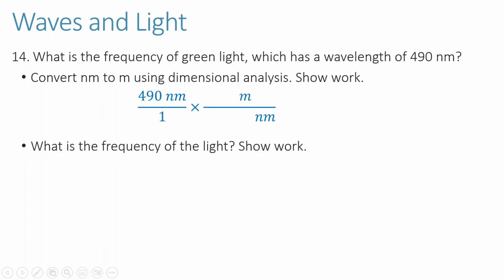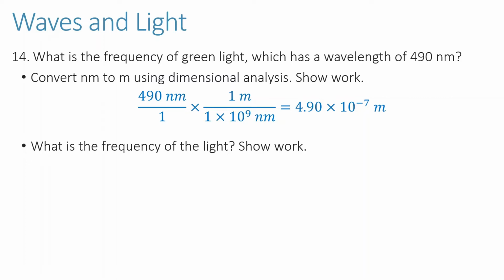This is one of the benefits of the metric system. So nano means 10 to the 9 smaller, so 10 to the negative 9. So 1 times 10 to the 9 nanometers is equal to 1 meter. So when we solve this, we get 4.90 times 10 to the negative 7 meters.